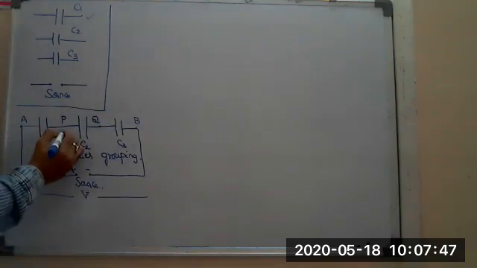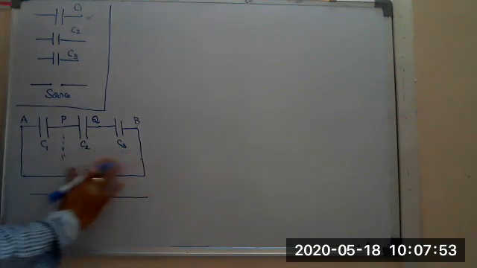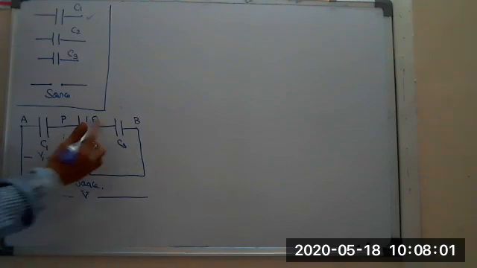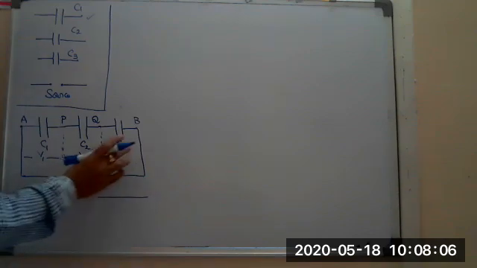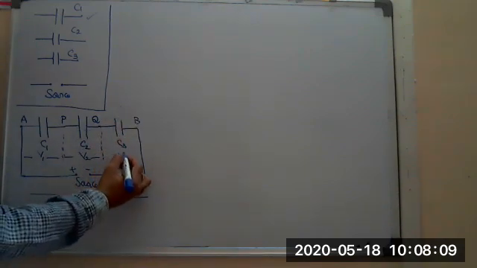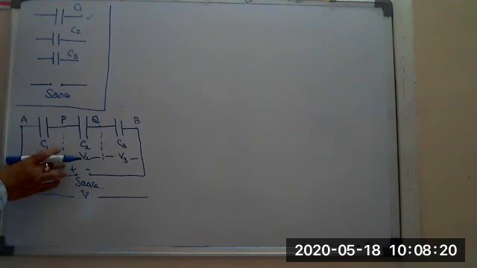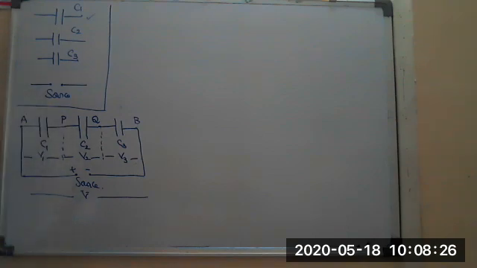Across the first capacitor, from A to P, you will get a potential difference of say V1, and P to Q, let the potential difference be V2, and here for C3, let it be V3. By this potential difference maintained across the ends of the first capacitor, it will be charged.